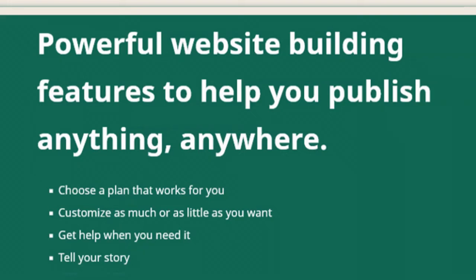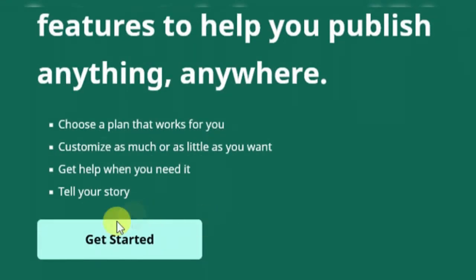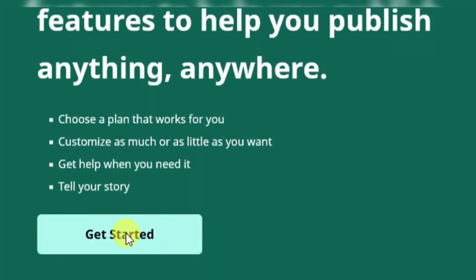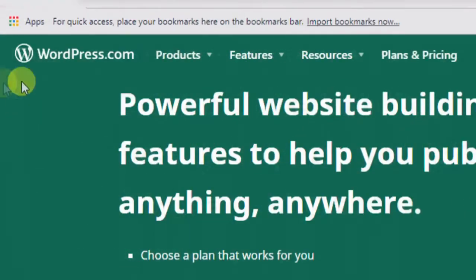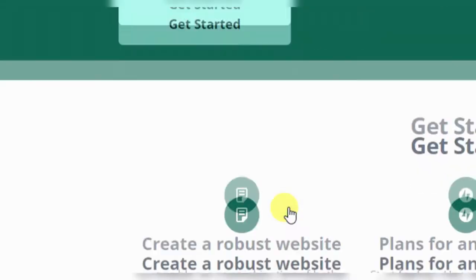Choose a plan that works for you. Customize as much or as little as you want. Get help when needed. Tell your story. Then say get started, and we will get started from there. Okay, hello guys. There are some of the features over here.